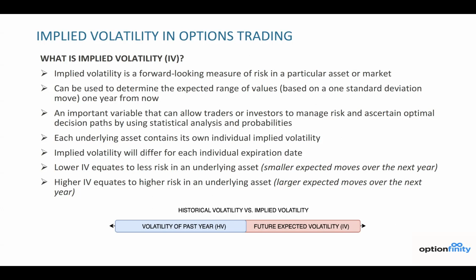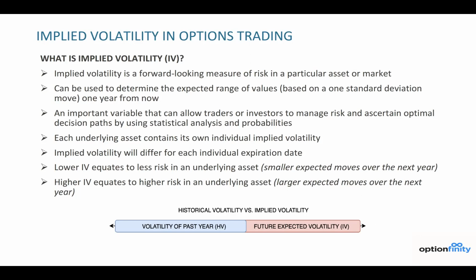The reason is that there may be binary events that occur prior to expiration of certain dates. So for example, let's say that we have an earnings event in 2 weeks' time on a certain stock. So 1 week out, the option prices would not reflect a binary event occurring because the market would not expect a large move to occur prior to that expiration date.